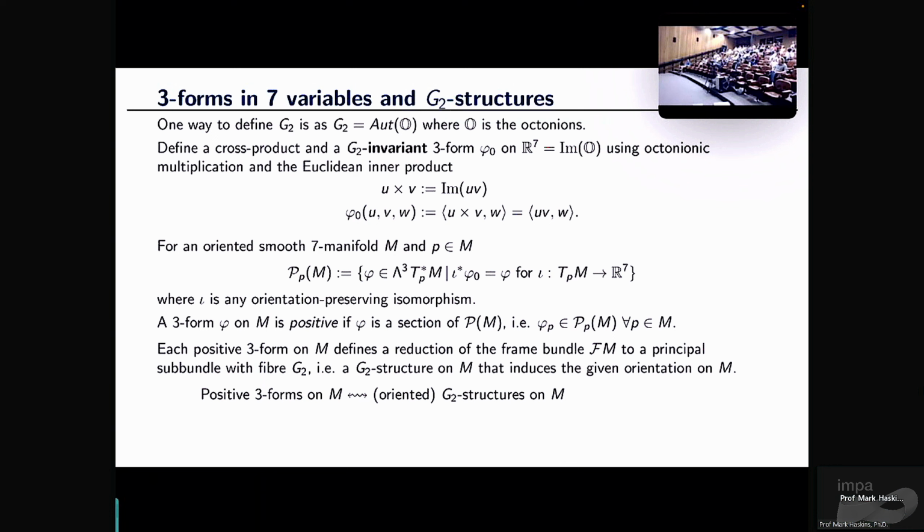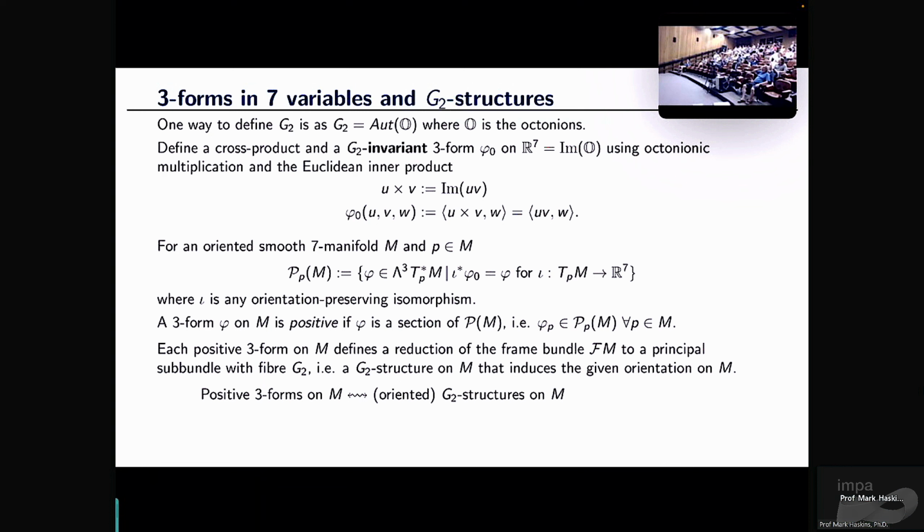So then we can use this as the local model on a general oriented smooth 7 manifold. We can look at 3 forms where there is some isomorphism between the tangent space and R7 that pulls back the 3 form to this standard model that we just discussed, for some orientation preserving isomorphism.